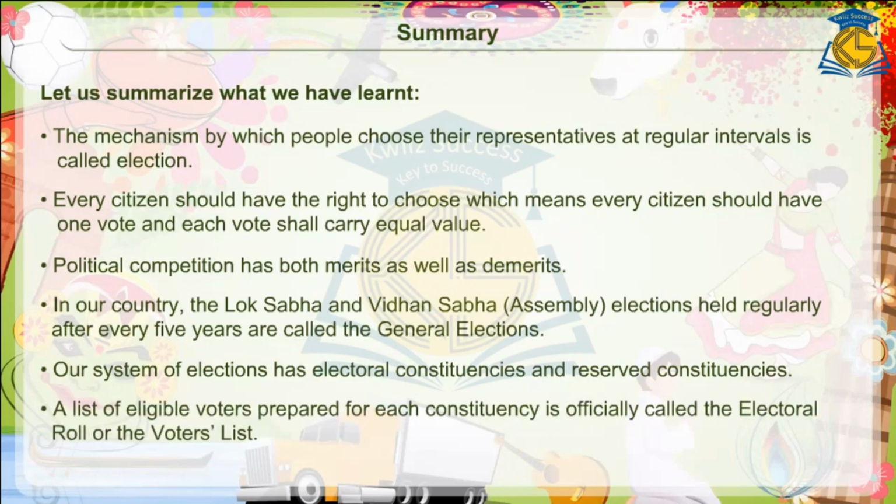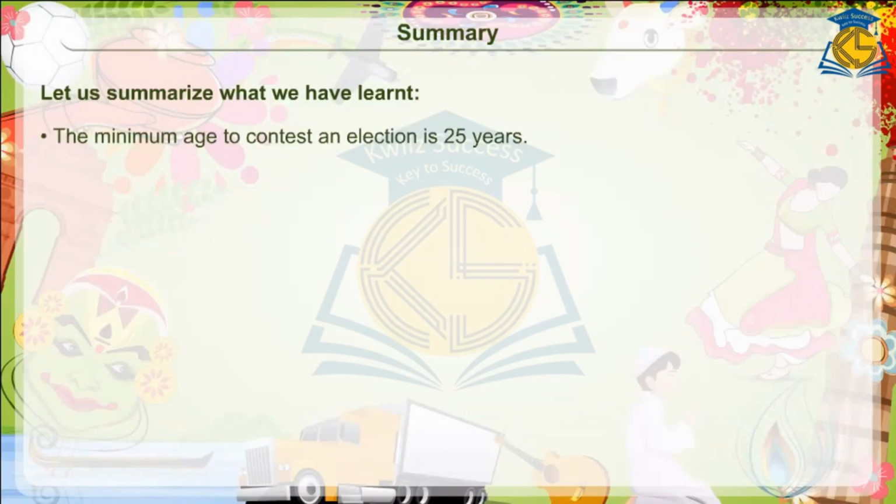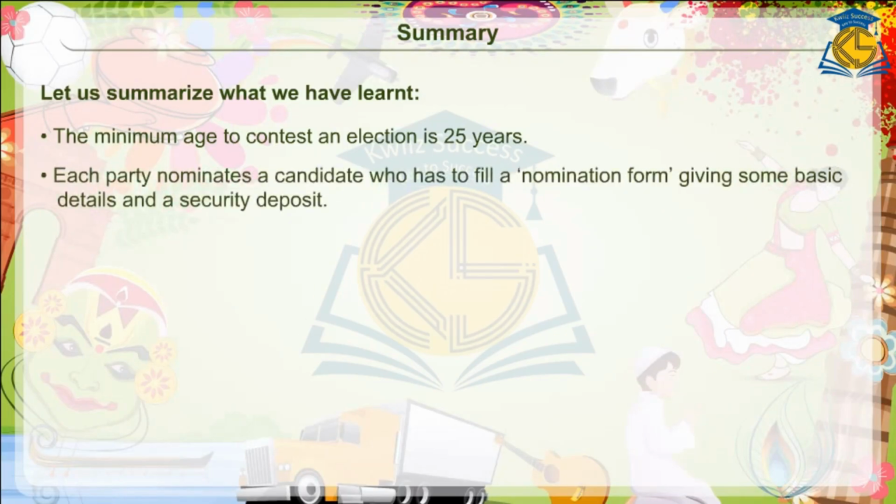A list of eligible voters prepared for each constituency is officially called the electoral roll or the voters list. The minimum age to contest an election is 25 years. Each party nominates a candidate who has to fill a nomination form giving some basic details and a security deposit.